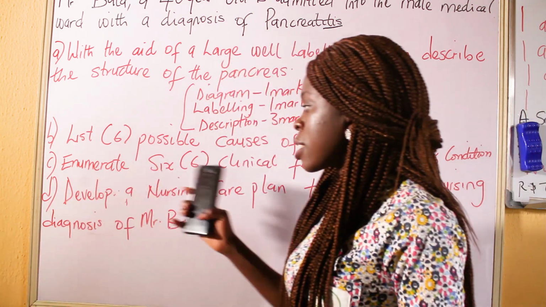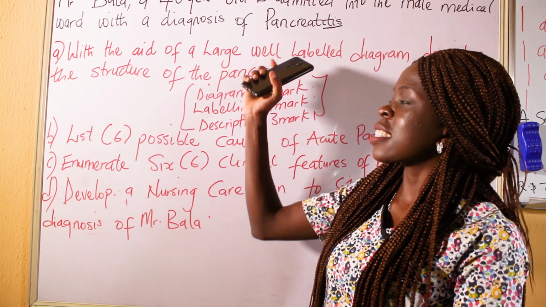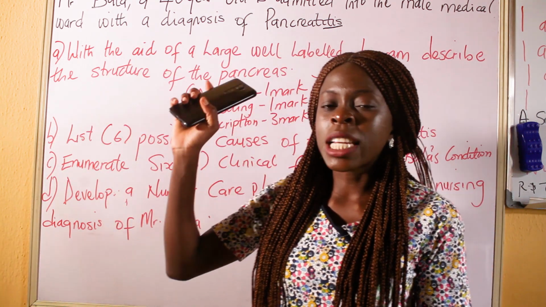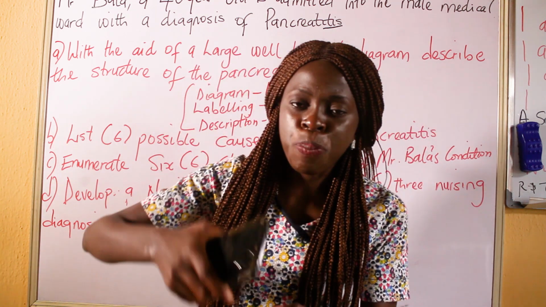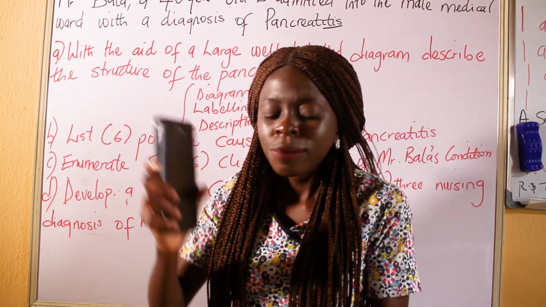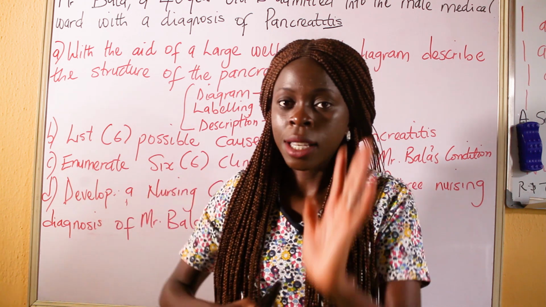They said you should list 6. Let me go over it again. Just look at the logic in it. The question is itis, and it is from the digestive system. So that itis is already telling you that there is fever, right? The itis is already telling you that there is pain. Being a digestive system condition, it's already telling you that there is anorexia, nausea, vomiting. Is that not 5?